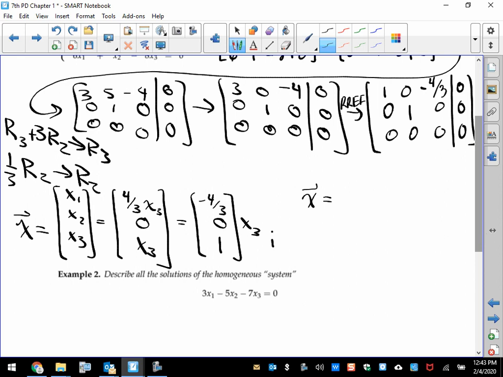So if x3 equals 3, then that simplifies our vector a little bit. We get 4, 0, 3, and then we can say t. So now we're just using a parameter for the free variable.